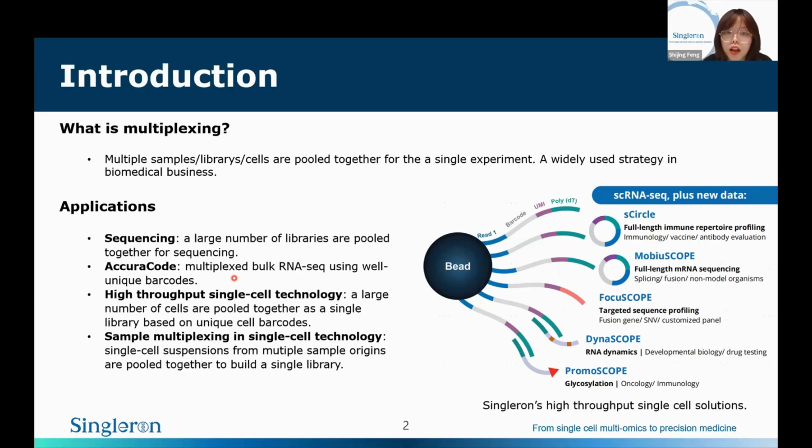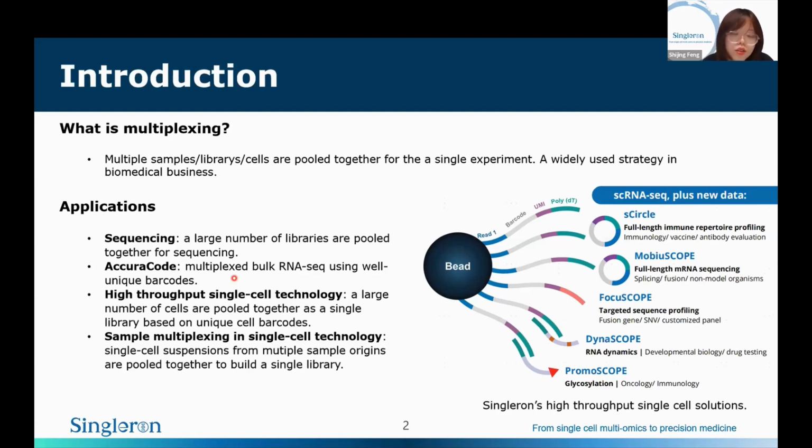What we do is give every sample in every well a unique barcode. After that, the cDNA libraries of different samples can be pooled together for later procedures and for sequencing. This makes bulk RNA-seq more cost efficient. And by the way, we not only have the 96-well plate, but also a 384 one.